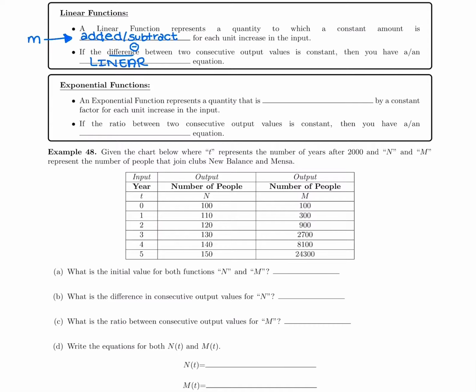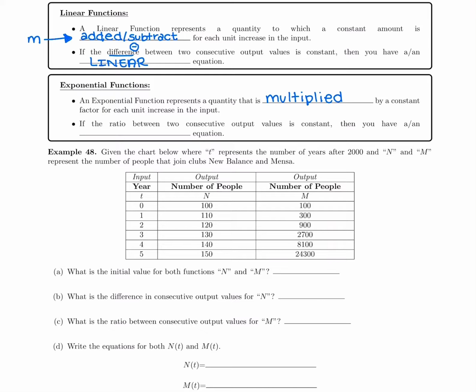So if you subtract in each one, you see there's a difference of 30, then you know every time you're adding 30, and so it must be a linear function. Whereas an exponential function represents a quantity that is multiplied by a constant amount.